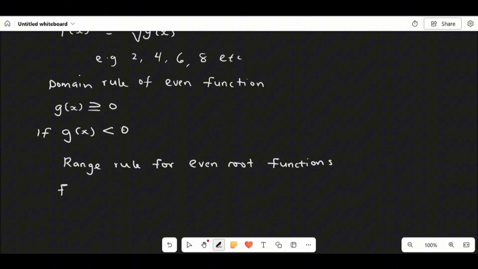If the function is like this, the nth root of g(x). If the function is of the form f(x) equals minus the nth root of g(x), the range is non-positive.